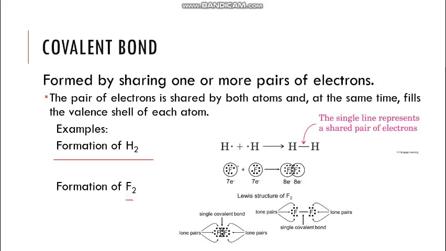When we combine two atoms of hydrogen, there is a shared pair of electrons. At the ends of the line ay merong electrons dyan.